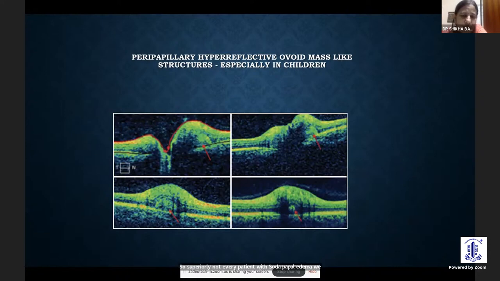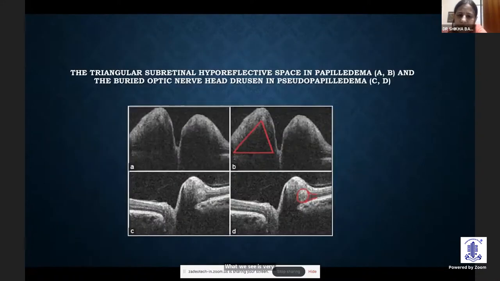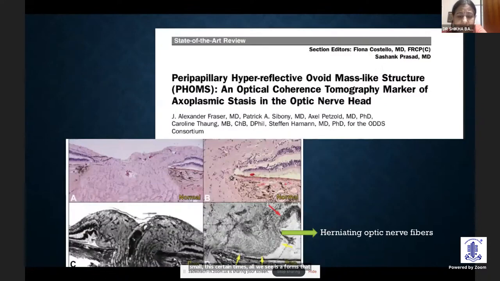Especially in children, what we see is peripapillary hyperreflective ovoid mass-like structures, and we've published this. In true papilledema, there is a lot of shadowing. In crowded small discs, sometimes all we see is these peripapillary hyperreflective ovoid mass-like structures, which are basically herniating optic nerve fibers, and they herniate out because the disc is small and there is paucity of space.